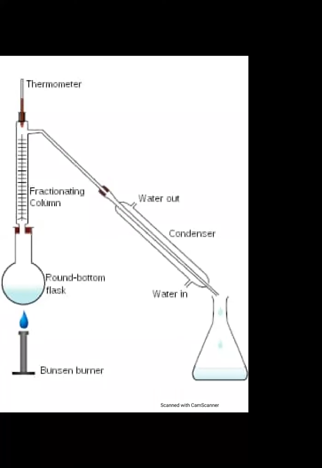Aditya: Sir, in the condenser, they are showing water going in and out. How is it going in and out? We put water in from one side and take it out from the other side, so that the alcohol can get condensed. Thank you, sir.